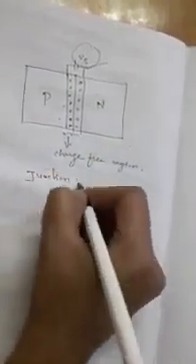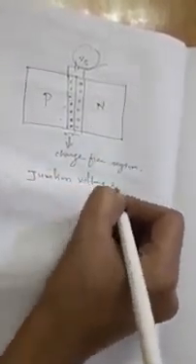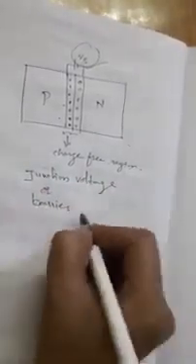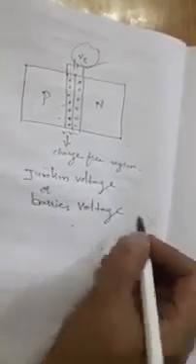Because of this potential barrier, a potential is developed across the junction, which is known as the junction voltage or the barrier voltage.